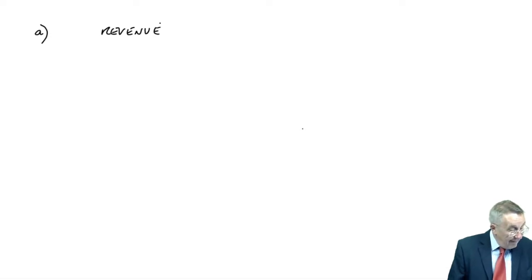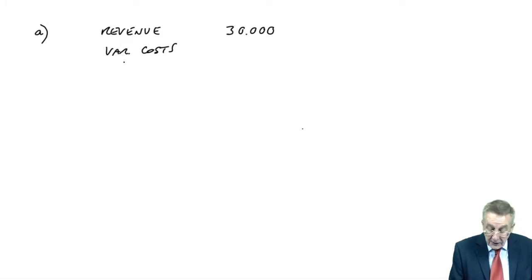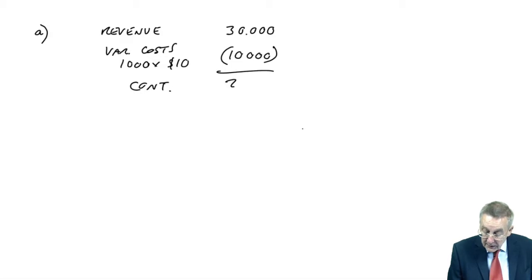The profitability: the sales revenue is 30,000 a year. The variable costs, for 1,000 units sold, at $10 a unit, so the contribution is 20,000.